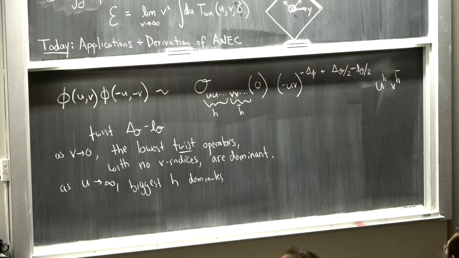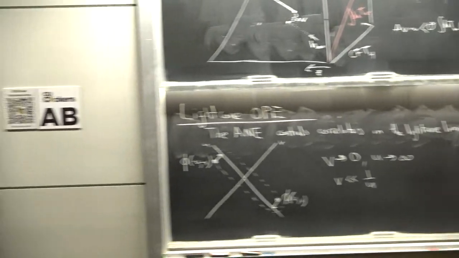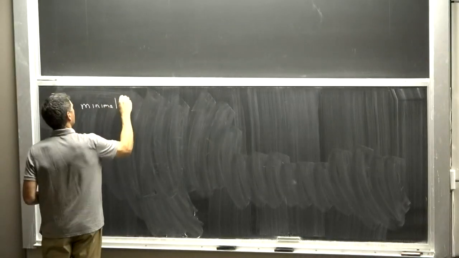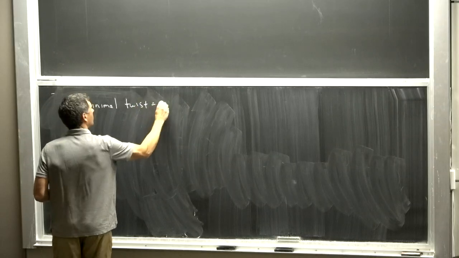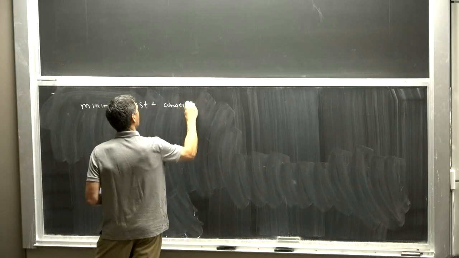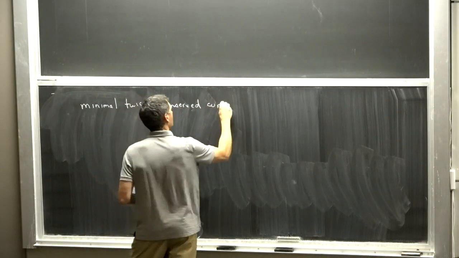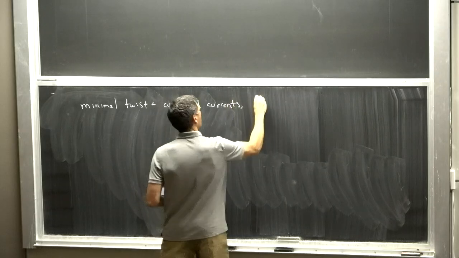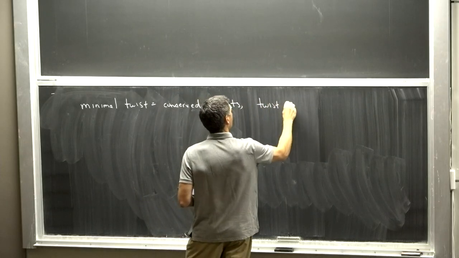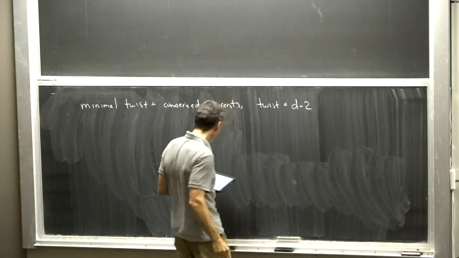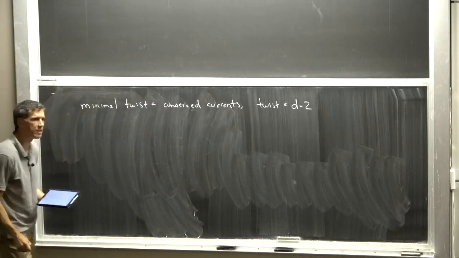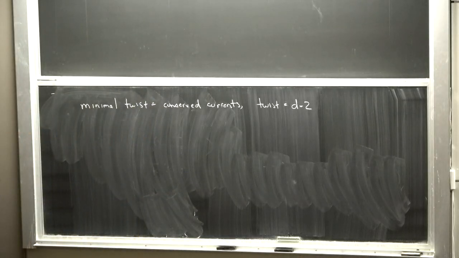Let's write that over here. And the unitarity bound in CFT tells you that any spinning operator that's not conserved will have a twist that's higher than this. So we can focus our attention on the conserved currents.